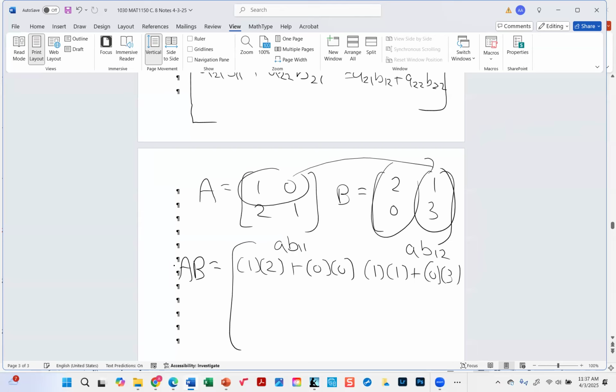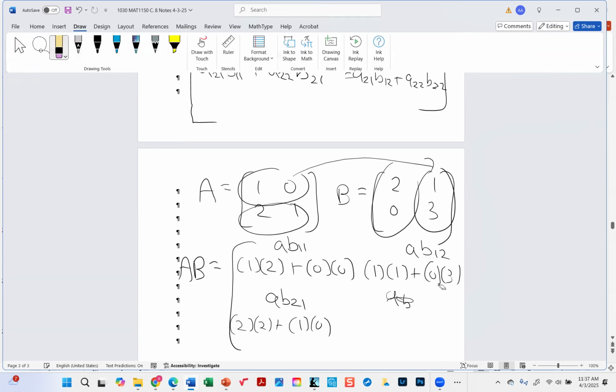Then down here, AB21 is the second row in the first column. And finally down here we have AB22. Now we're multiplying the second row of A by the second column of B. So that's 2 times 1 plus 1 times 3.